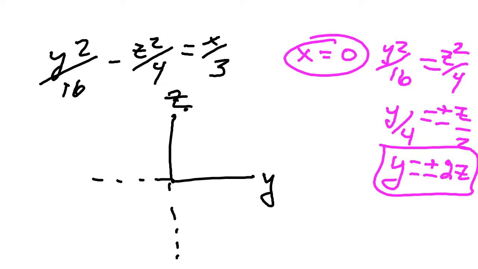What's that like? If this is like my x-axis and this is like my y-axis, this is kind of like x equals plus or minus 2y. If I solve that for y to be the up value, then y equals plus or minus 1/2 x.